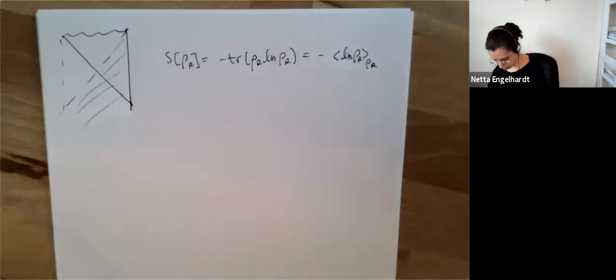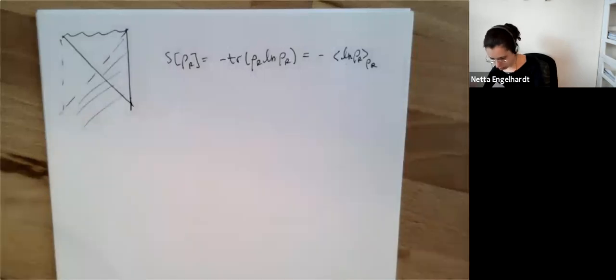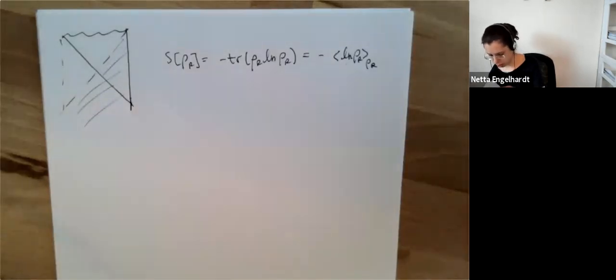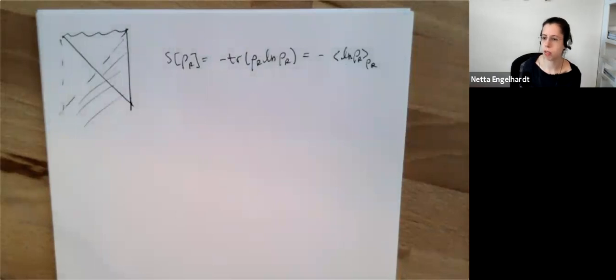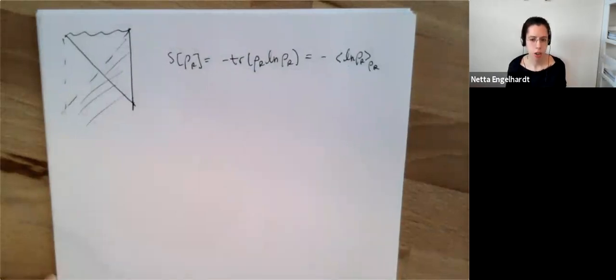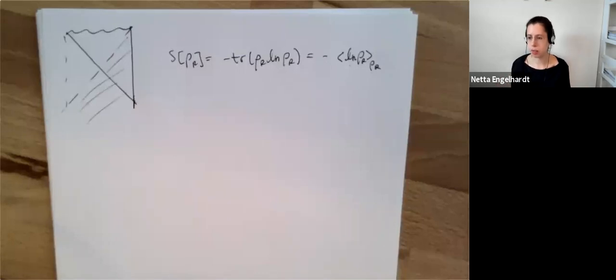Now, I wanted to say a few words about properties of the von Neumann entropy, but let me first mention an open question and then I'll move on to that. One thing we figured out now is that it's really the entanglement wedge that's important, but it's actually still an open question: what is the role of the causal wedge in AdS/CFT?